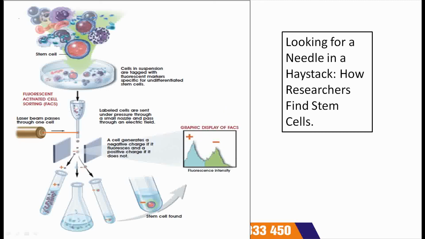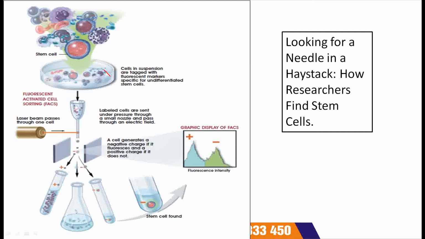Firstly, we are going to start with our stem cells. You can see in this first diagram various kinds of cells are shown, but one of them is a stem cell. Now all these kinds of cells are suspended in a culture medium.